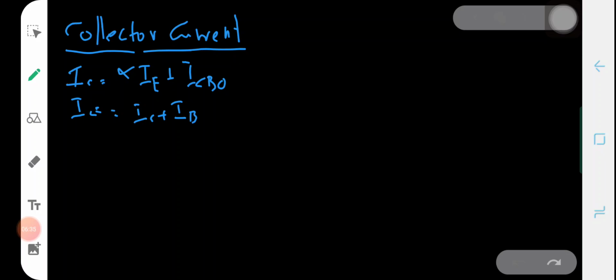So IC will be equal to alpha into IC plus IB plus ICBO, or this can be rewritten in this way.